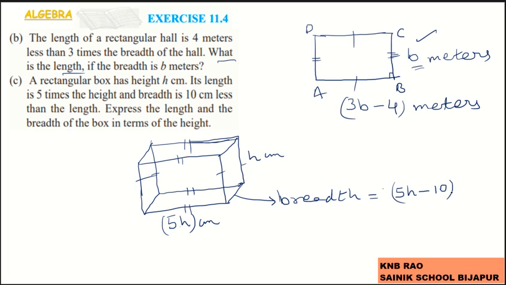So 5h minus 10 centimeters will be the breadth. Express the length and breadth of the box in terms of the height. So we have already expressed length as 5h centimeter, breadth 5h minus 10 centimeter.